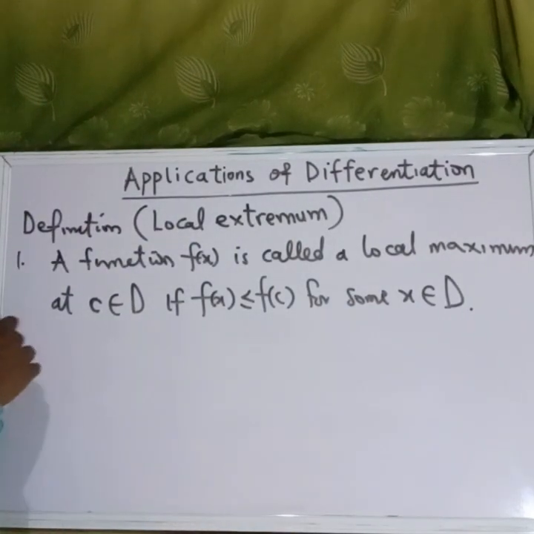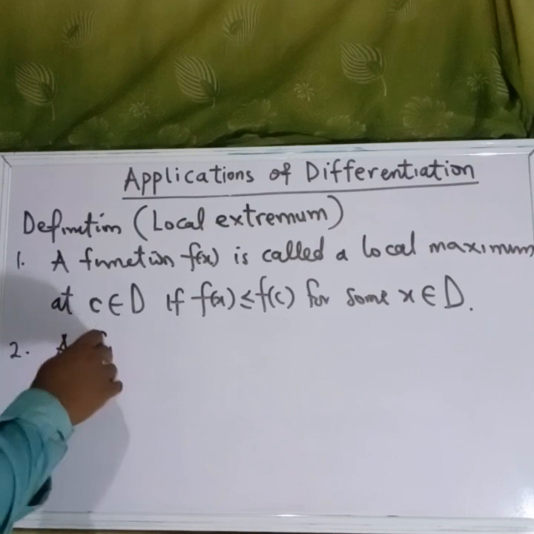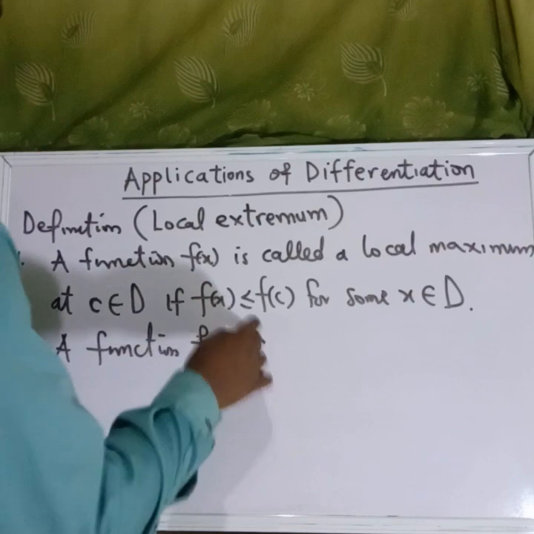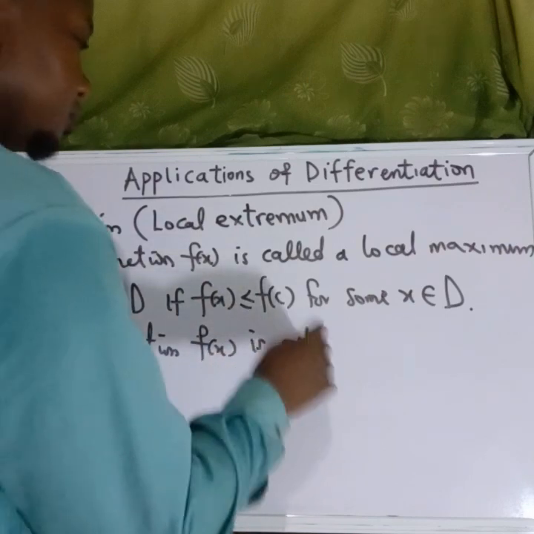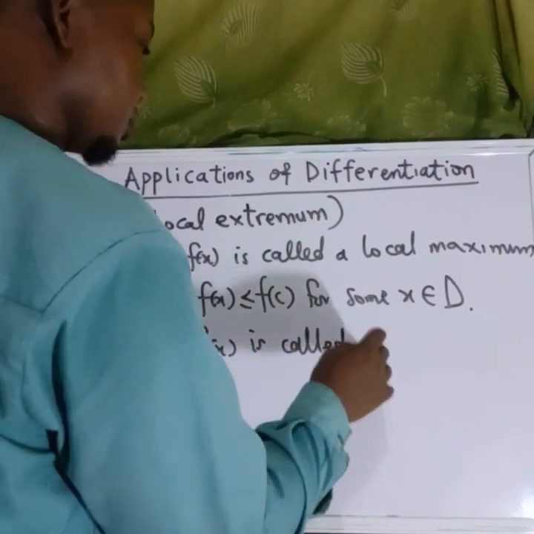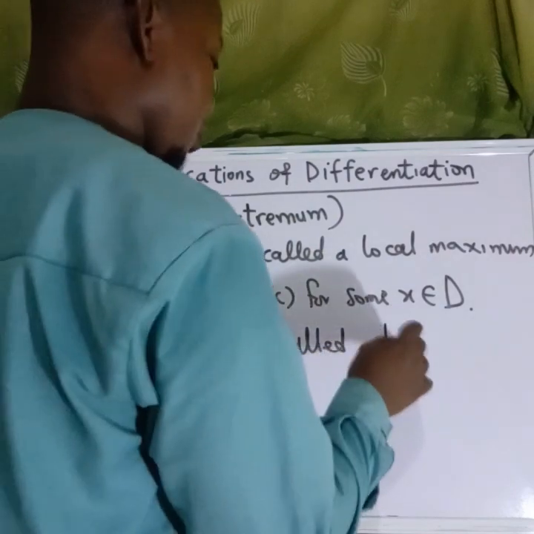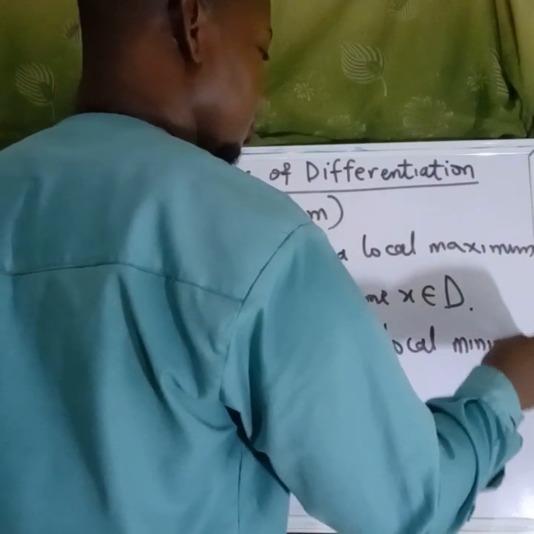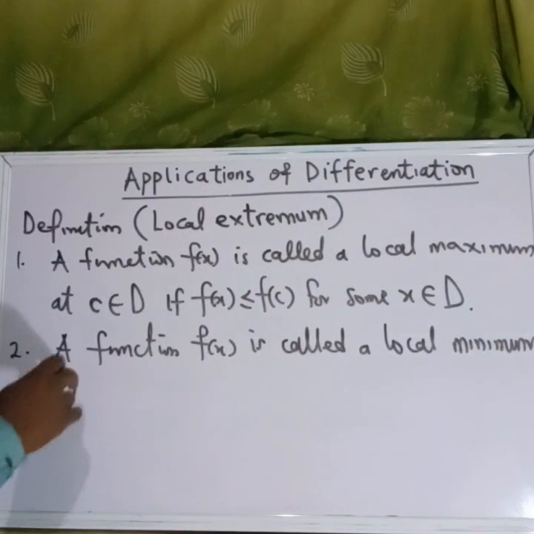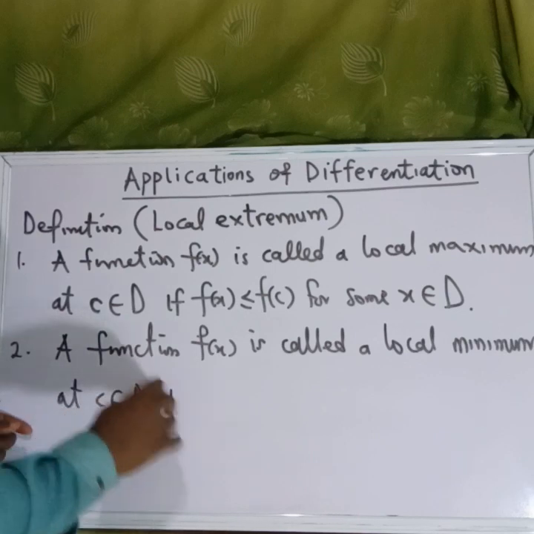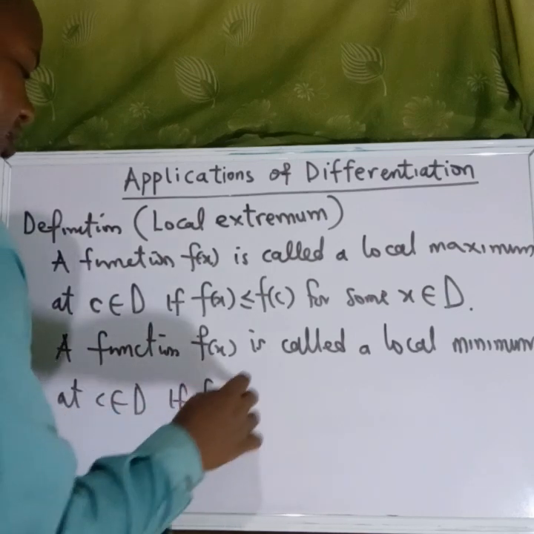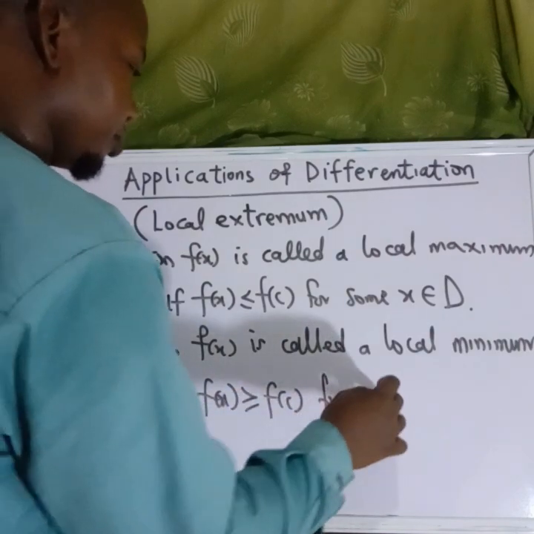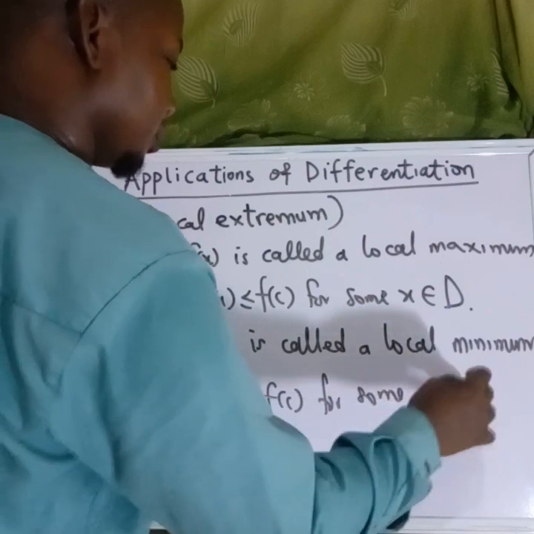And secondly, we also see that the function f of x is called a local minimum at c in the domain if f of x is greater than or equal to f of c for some x in the domain.